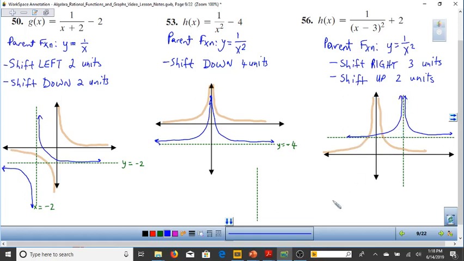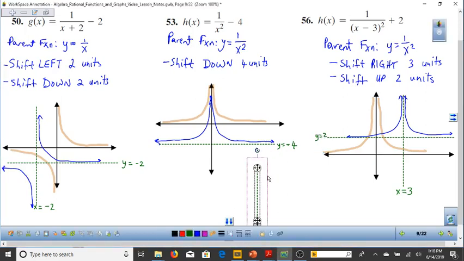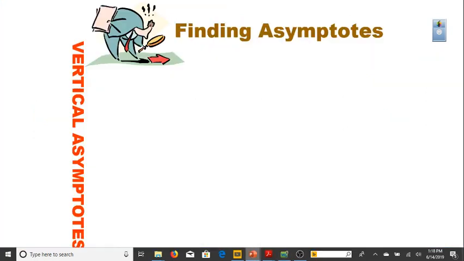And that's what the graph looks like. And again, my asymptotes were shifted to be x equal to 3 and y equal to 2. And that is an illustration of what we're dealing with here. Let's continue with the rest of the PowerPoint.